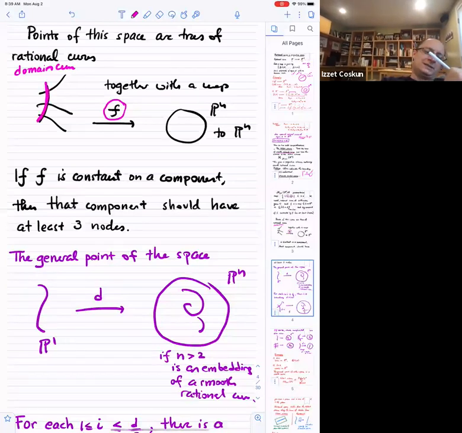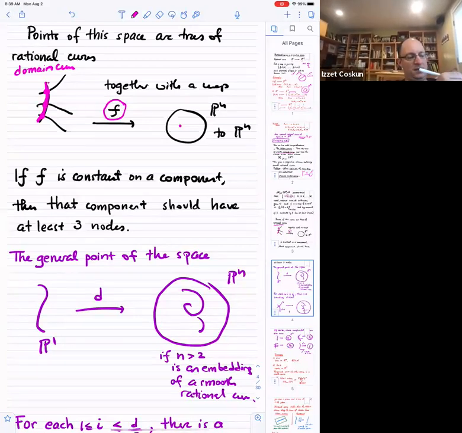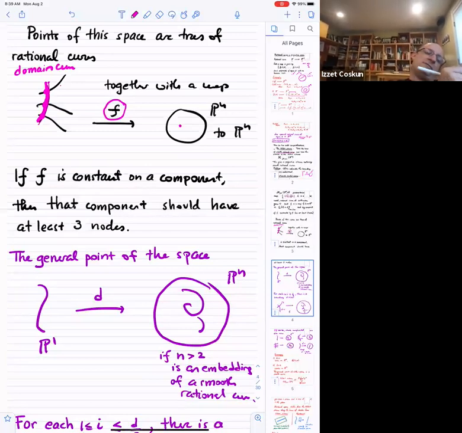So in other words, this component maps to a point in projective space, then what you need is that you need to have at least 3 nodes. And this, you see, this pink curve now has 3 nodes. It's meeting the curve in 3 other points. So that's fine. So the map can be constant there. And if the curve does not have 3 nodes, then the map is not allowed to be constant.